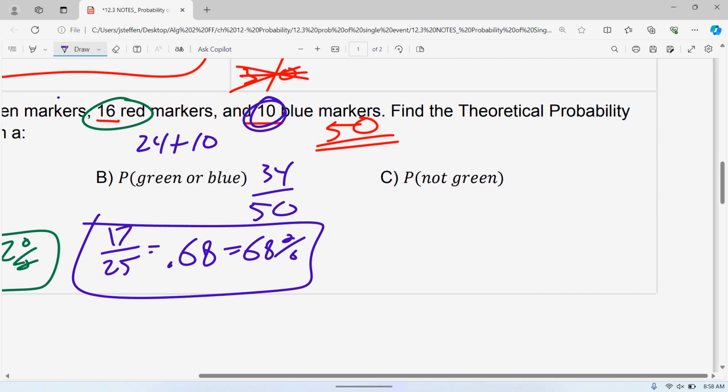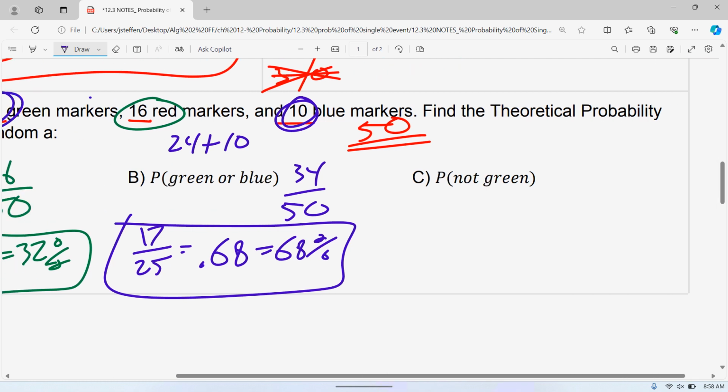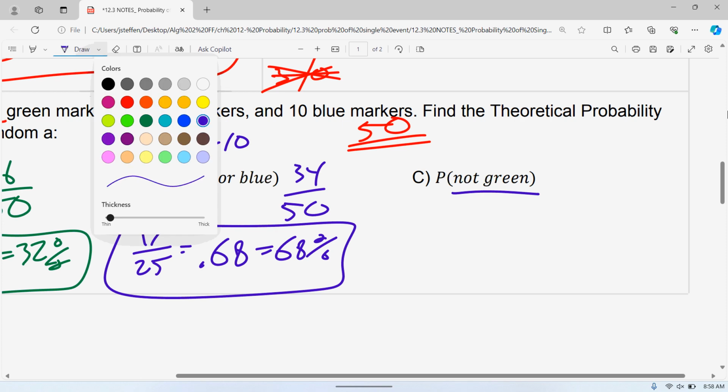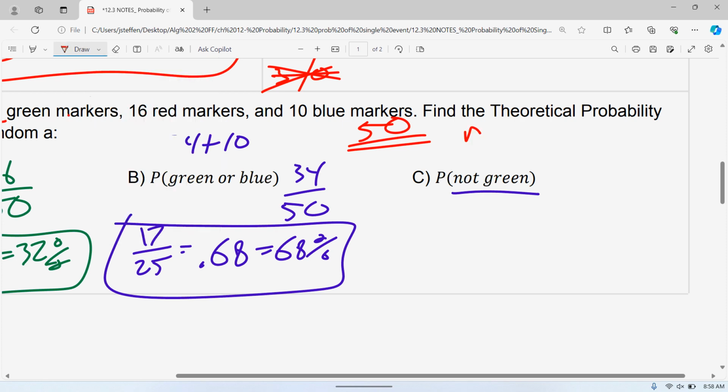Now, last one, what's the probability that you draw a marker that is not green? Two different ways to do this. The first way, I'm just going to show you, it might take a little bit longer, but I think it makes more sense. So if it's not green, that means your options are red or blue. So you literally do the same way you did B, except for instead of green or blue, you do red or blue.